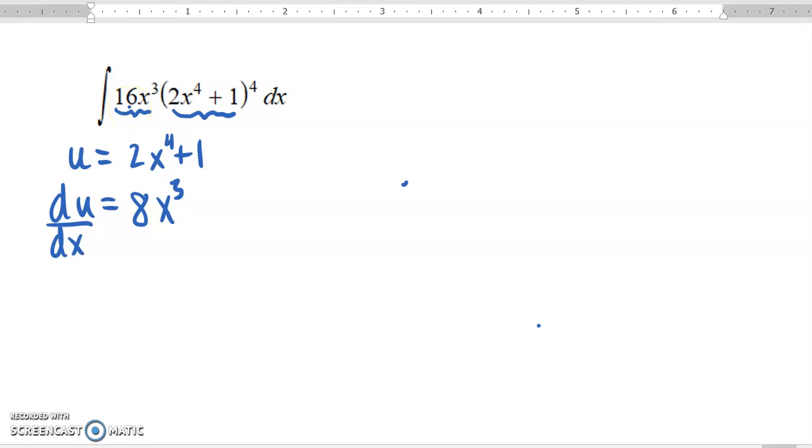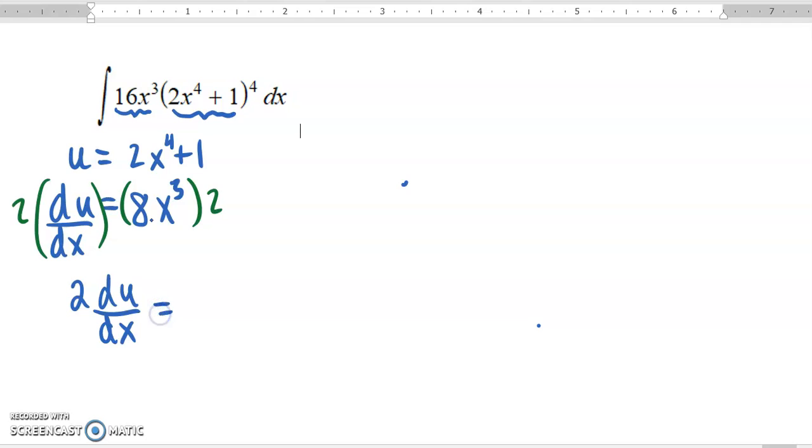So one thing you can do is you can multiply both sides by 2. And that doesn't change the value of anything. So now I'm going to have 2 du/dx equals 16x to the third. Now I have exactly what I'm looking for.